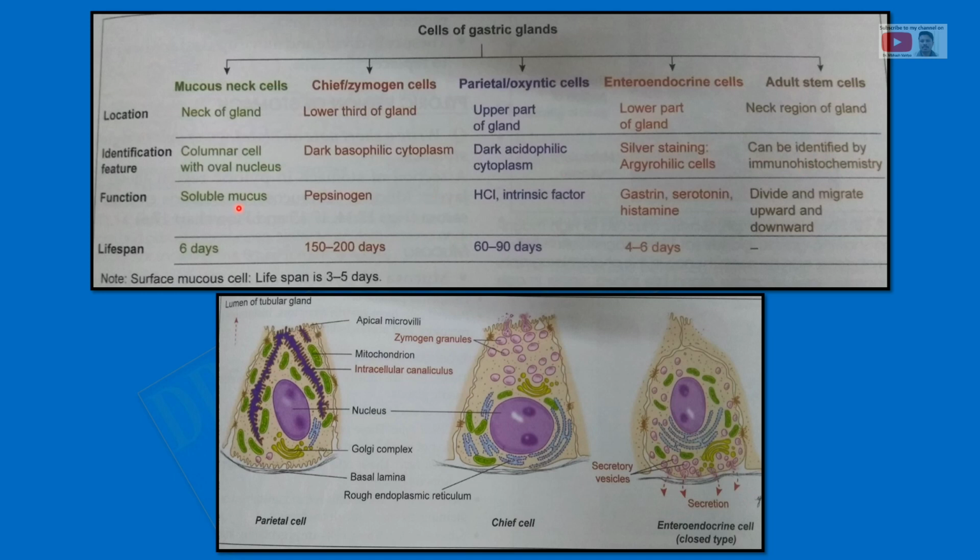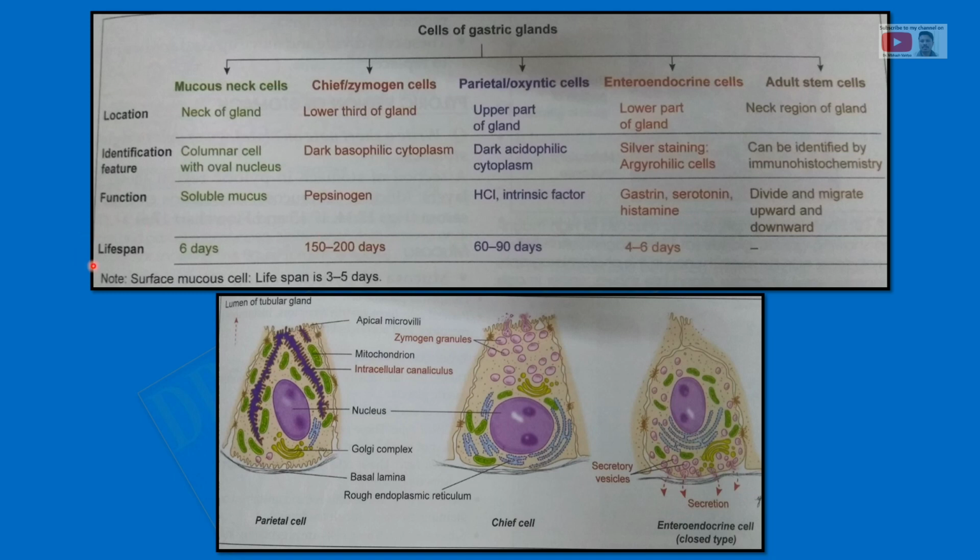Then about the function: the mucus cells secrete soluble mucus, the chief cell secretes pepsinogen, the parietal or oxyntic cell secretes HCl and intrinsic factor, and the endocrine cell secretes gastrin, serotonin, and histamine. The adult stem cell divides and migrates upward and downward.